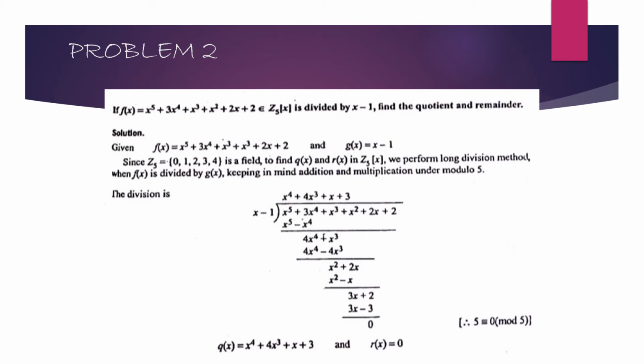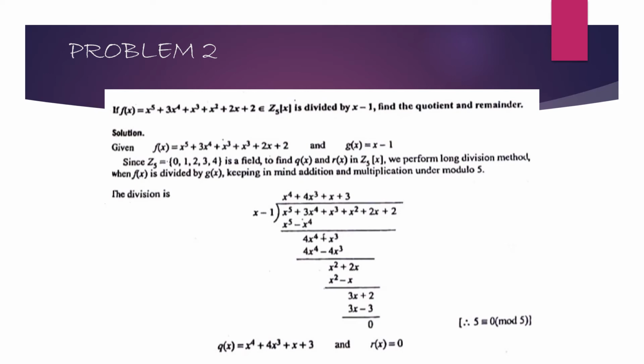Got it? Now again take this 4x power 4 divided upon x, so you will land up with 4x cube. Since I've changed the sign, I'm getting 4 and adding these two, I'm getting 4x power 4. Now dividing this 4x power 4 by x, I'll be getting 4x cube.